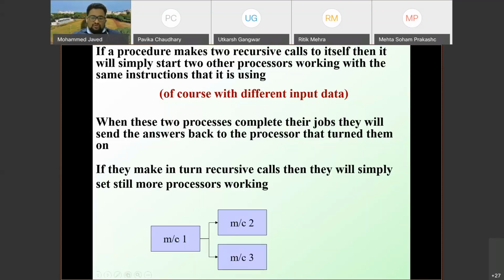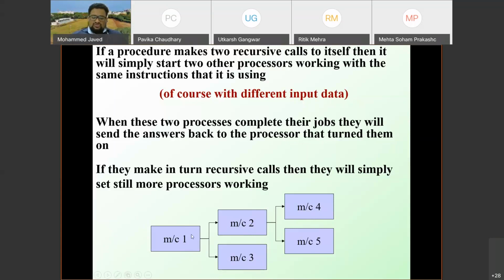So now one example would be that machine one, this is process 1, has two children, machine 2 and machine 3, right? And here you can see that machine 2 makes calls to 4 and 5.